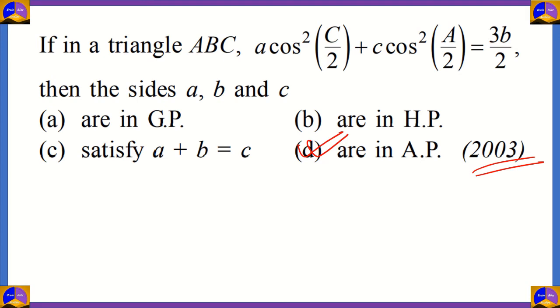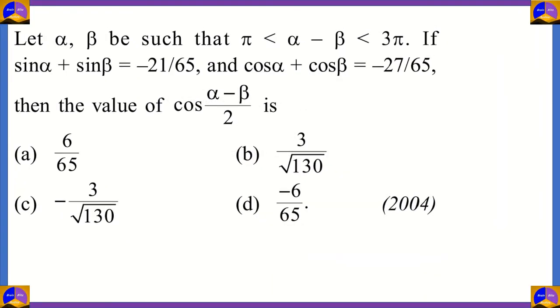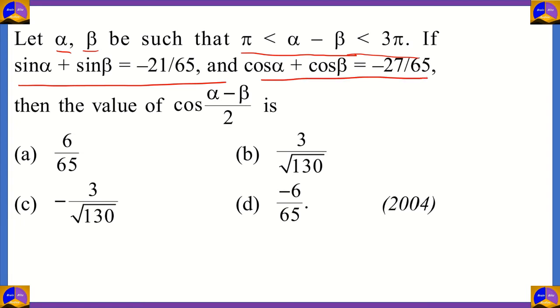So the next question, which is the final question of this episode. Let alpha and beta be two angles such that π < α − β < 3π. If sin α + sin β is −21/65 and cos α + cos β is −27/65, then find the value of cos((α − β)/2).